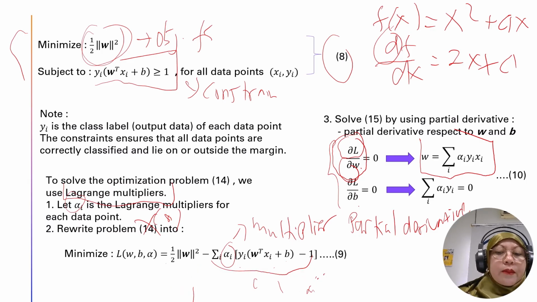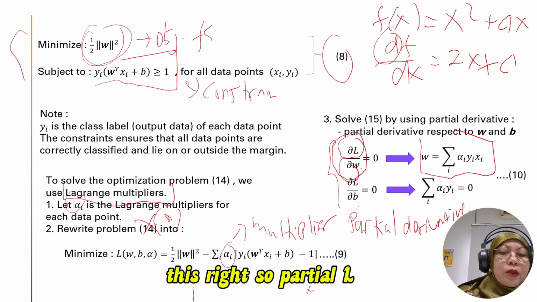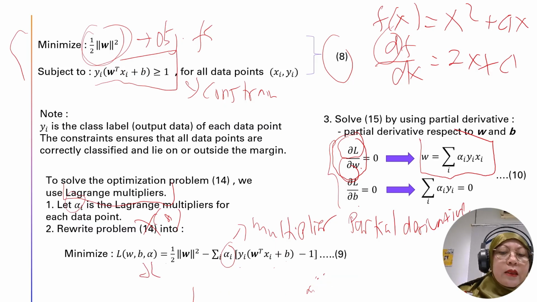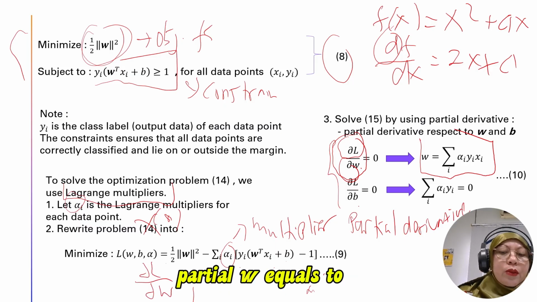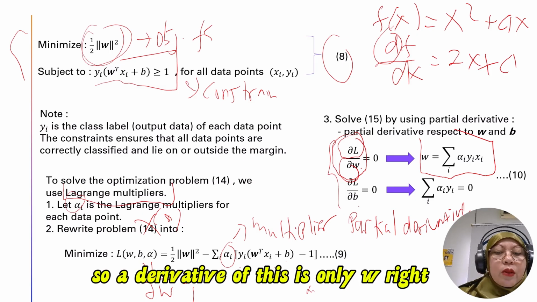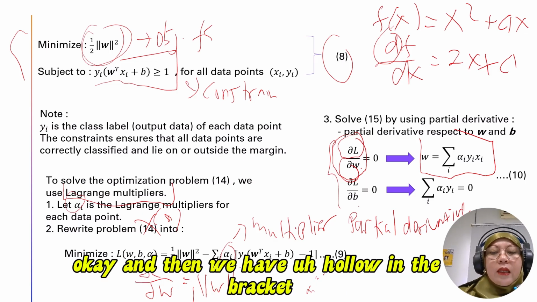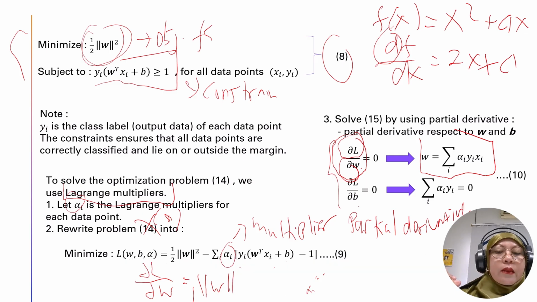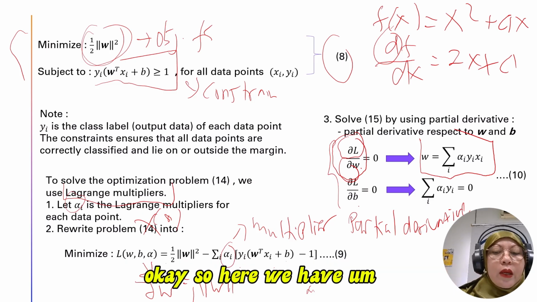So partial L over partial W equals, we can assume it's like W squared, so the derivative of this is only W. And then we have the bracket.